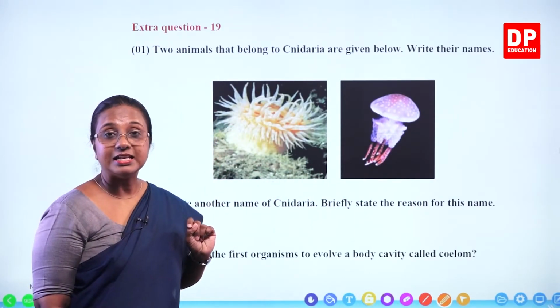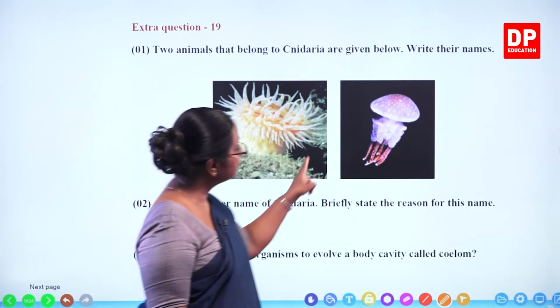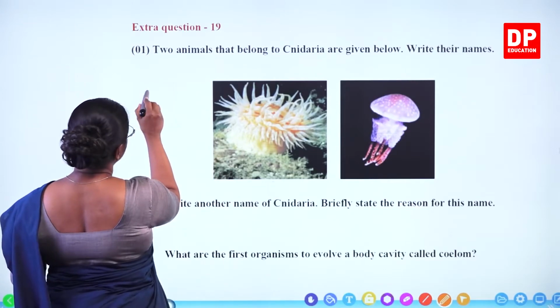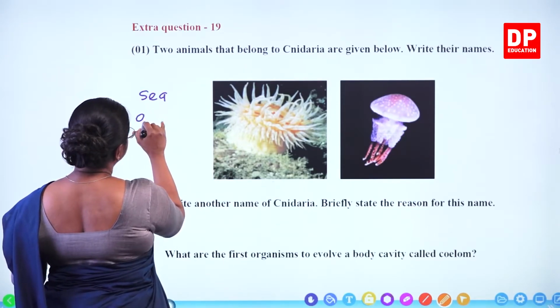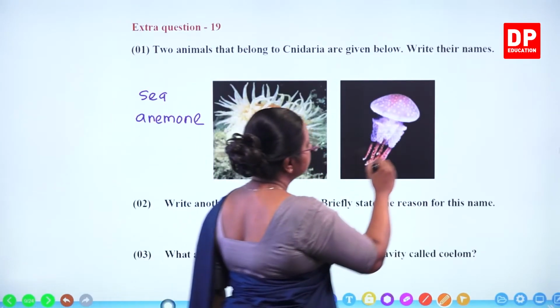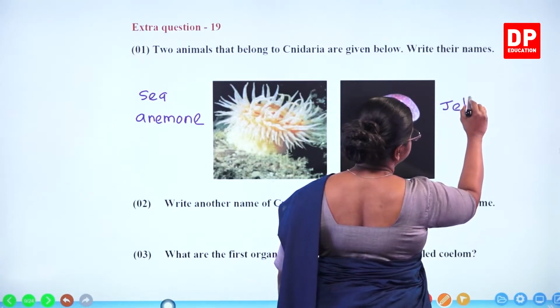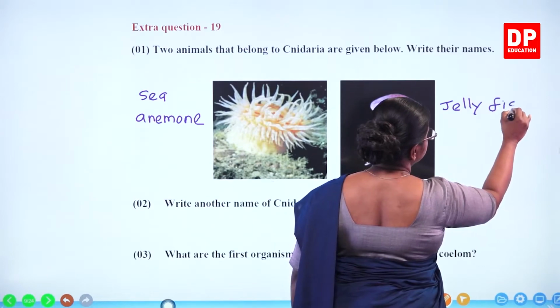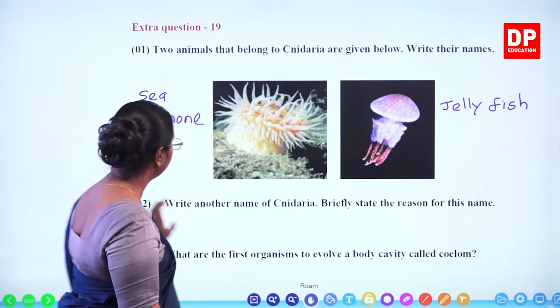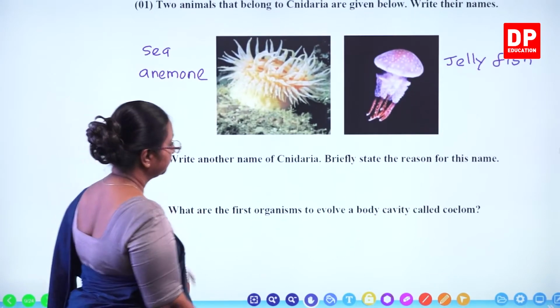You can see that is sea anemone, and this is jellyfish. So, sea anemone and jellyfish. We have identified both the Nidarians.